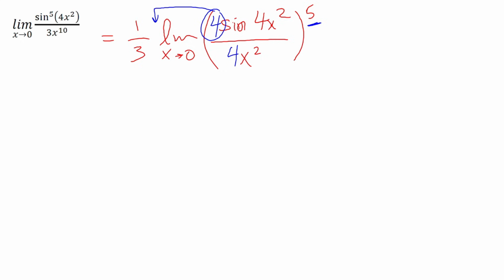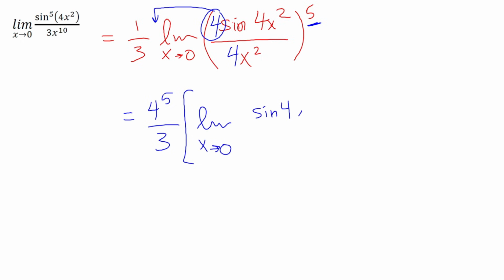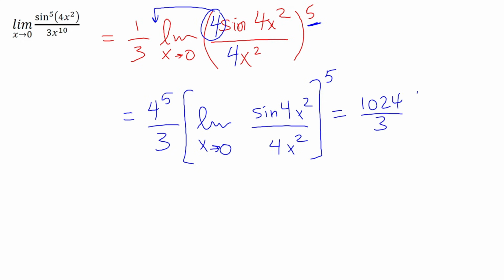So as it comes out, it becomes 4 to the 5th power over 3, now times a limit as x approaches 0 of the sine of 4x squared over 4x squared, all raised to the 5th power. And 4 to the 5th power is just 1024. So we have 1024 over 3 times now 1 to the 5th, which will be 1024 over 3.